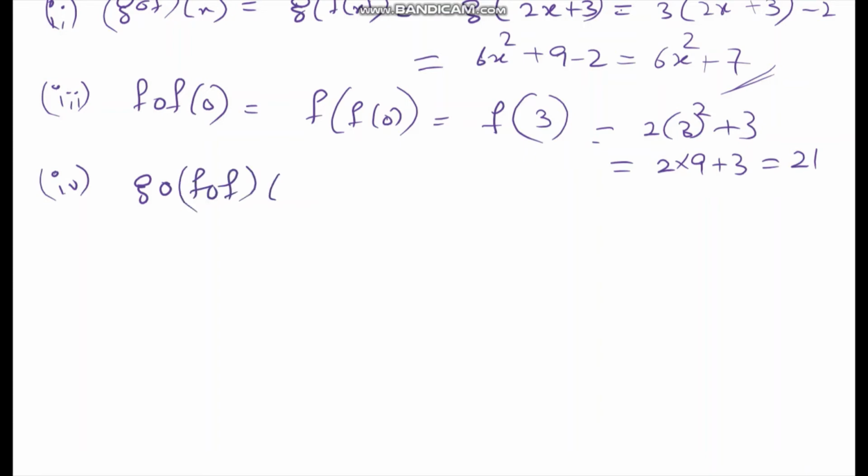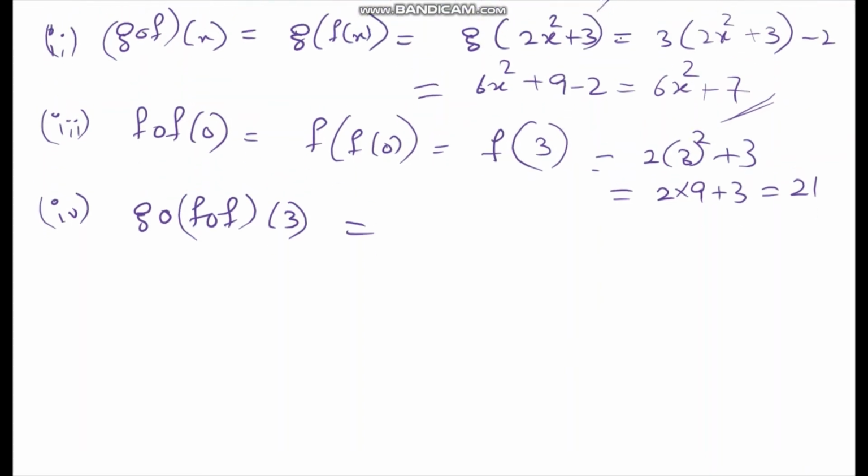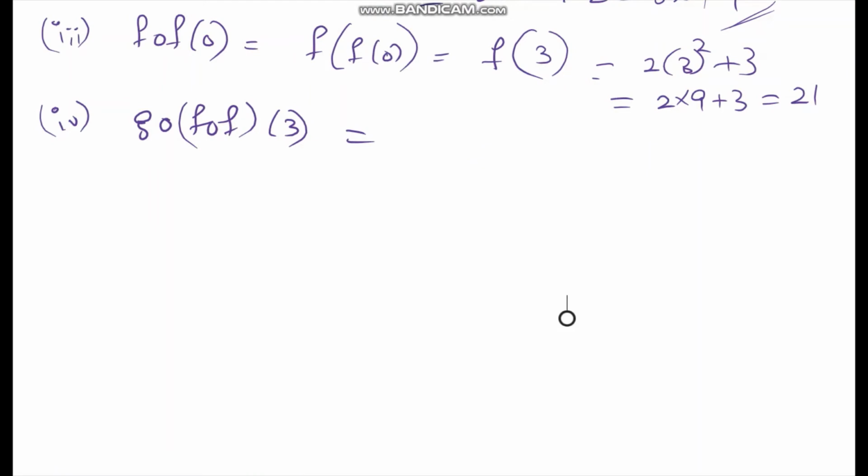So this is the given question. This equals g of f of f of 3.